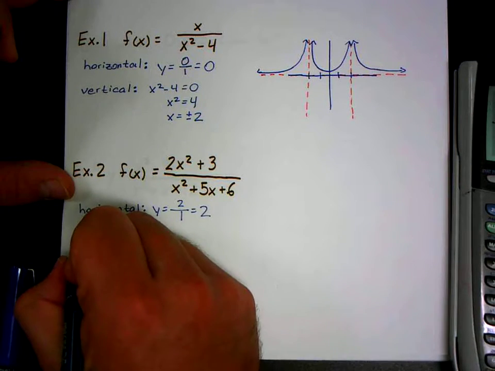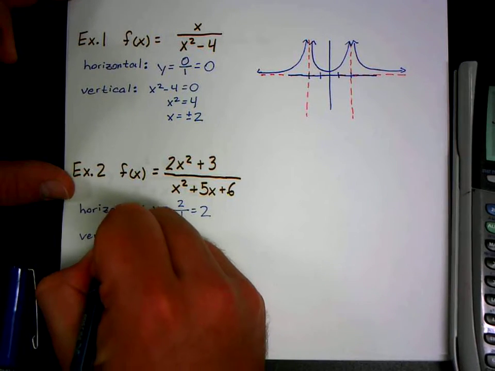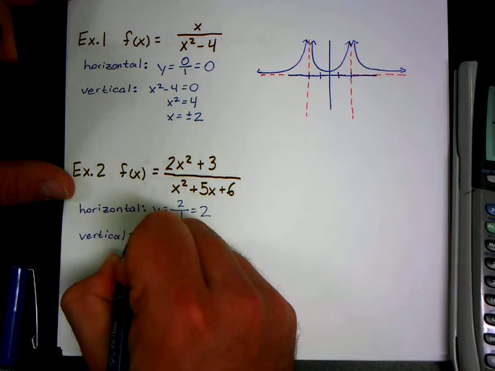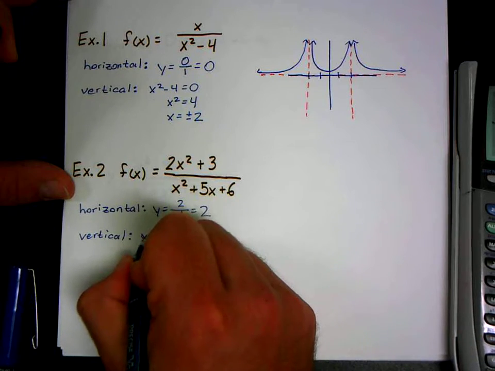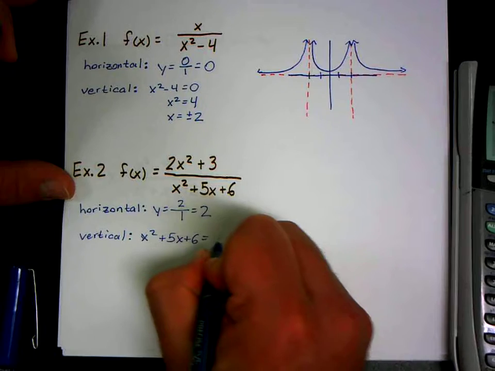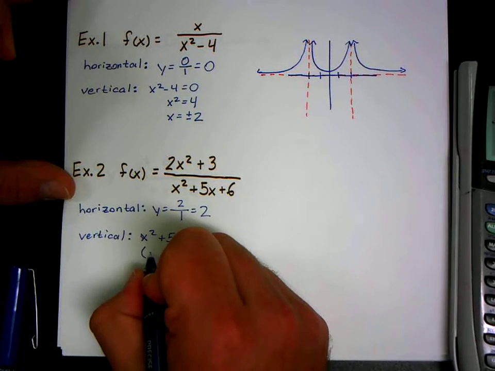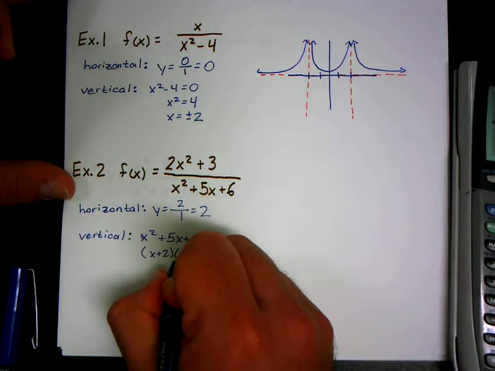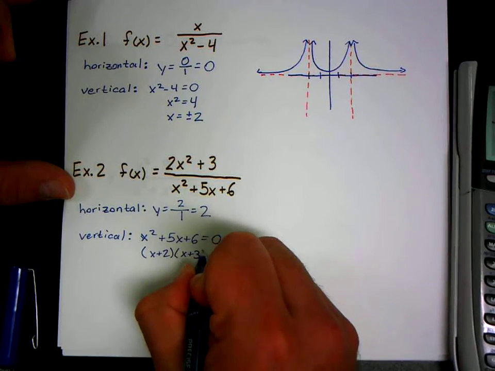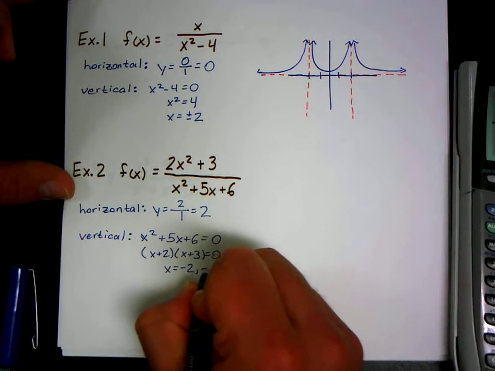Okay, my vertical asymptotes. You factor it: 2 numbers that multiply to 6 and add to 5 are 2 and 3. So I'm going to have x = -2 and x = -3.